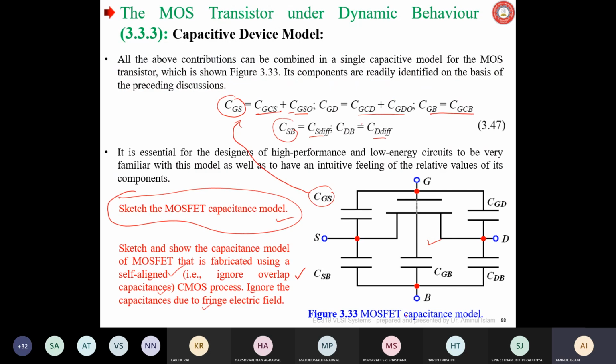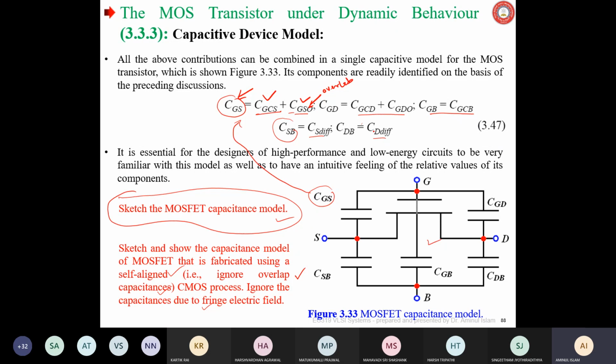Now the capacitive model. This is a complete capacitance model of this MOSFET. Of course, one thing is hidden here, that is the overlap capacitance. That's why CGS is put equal to CGCS excluding the overlap, so CGS includes CGSO also, where O stands for overlap.